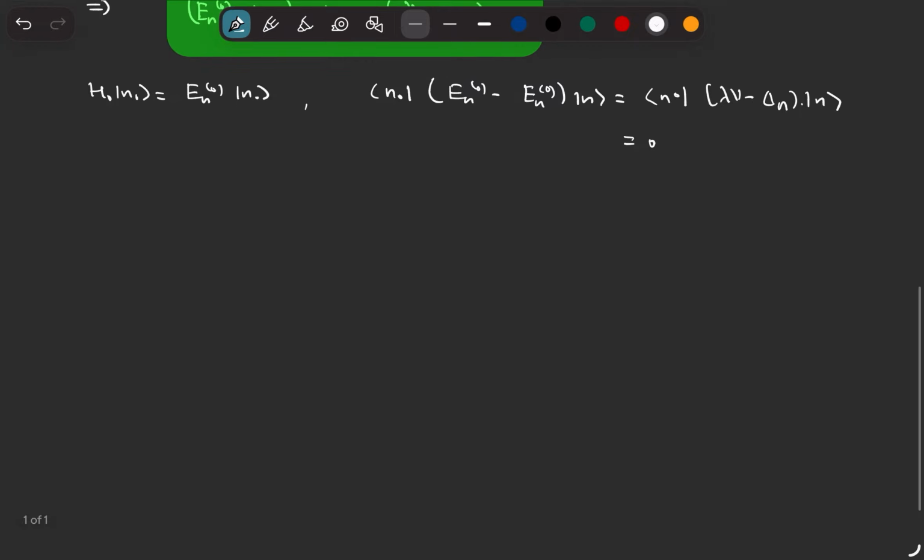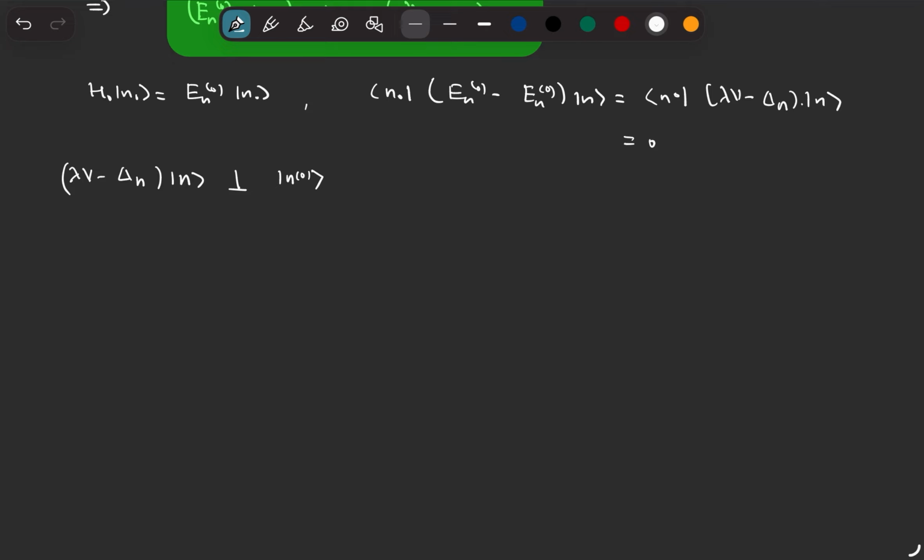So you're safe in that sense, because your (lambda V minus delta n)|n> is actually orthogonal. Let me just put a perpendicular sign, which is not strictly correct, but let's say it denotes that it's orthogonal to the unperturbed state |n0>.